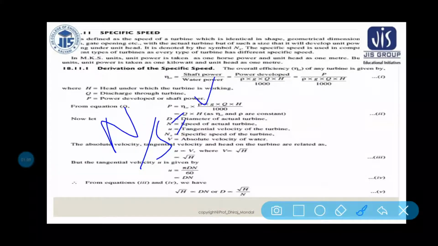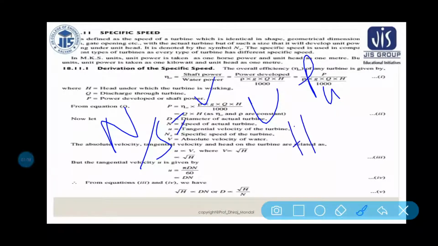That means the unit work, unit power, efficiency and unit head will be the same.